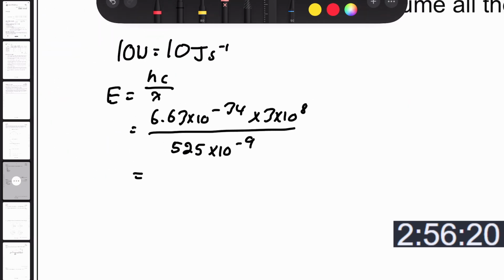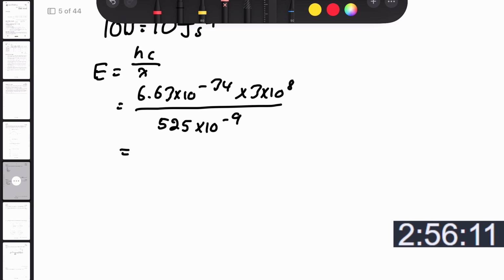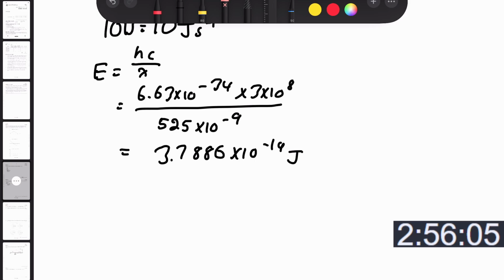So here we go, I am so sick of writing 6.63 times 10 to the negative 34. Where's the electromagnetic questions? 3.7886 times 10 to the negative 19 joules.